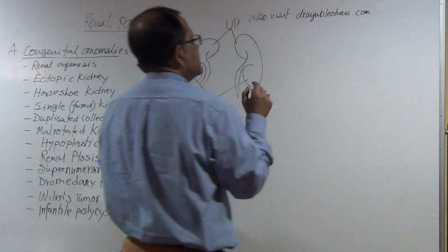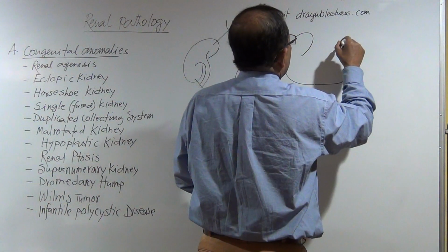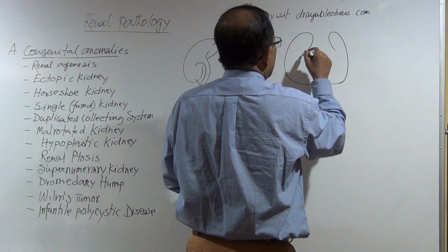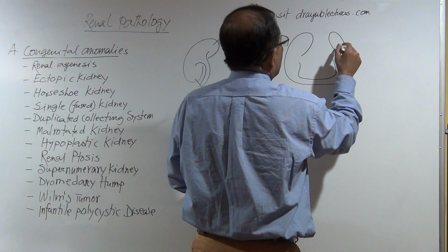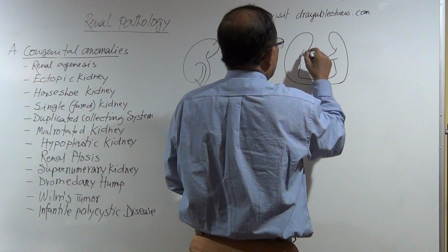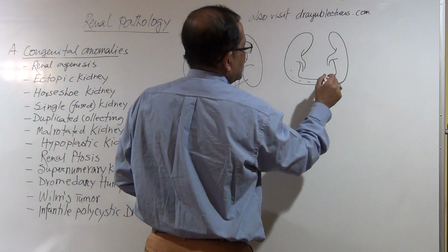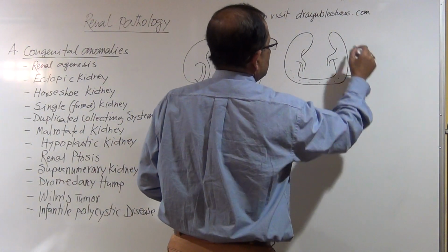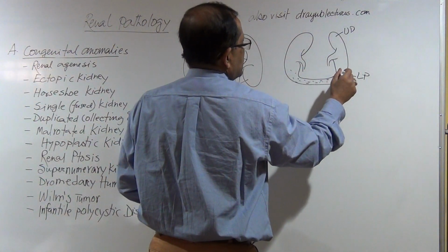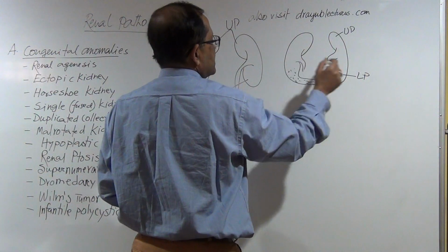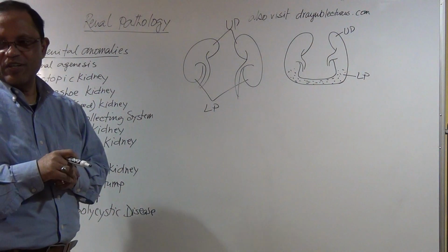In horseshoe-shaped kidney, look at here. This is the lower pole and this is the upper pole. Now tell me, which poles are fused together? Lower pole. It looks like a horseshoe.